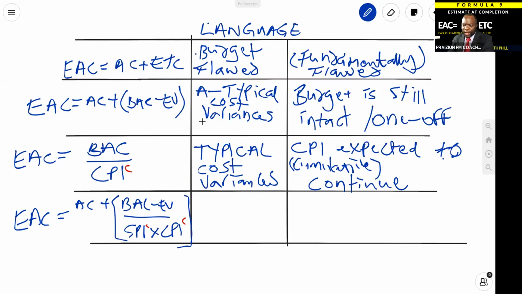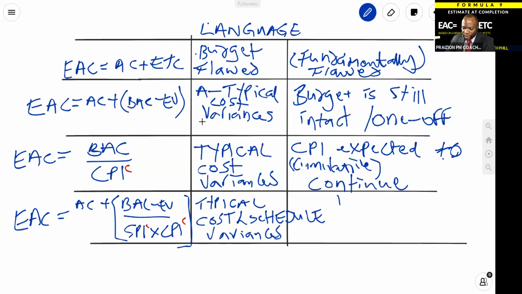So the language for this will be typical cost and schedule variances. Okay?